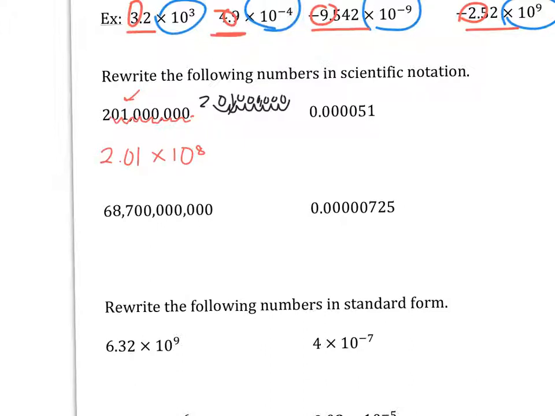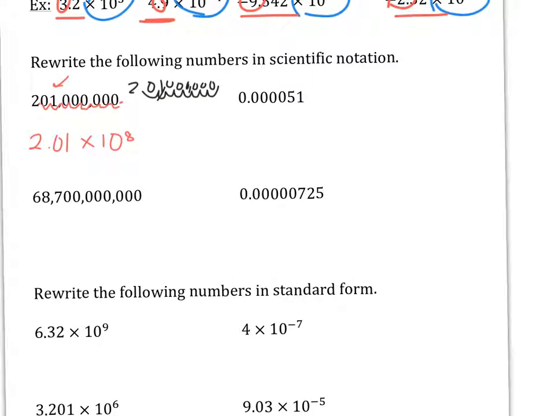Let's look at the next example. Here I have zeros in front of this 5 and the 1. So this is a really small number, whereas the last number we looked at, 201 million, was a very large number. So that will have one slight difference in how we write our scientific notation.